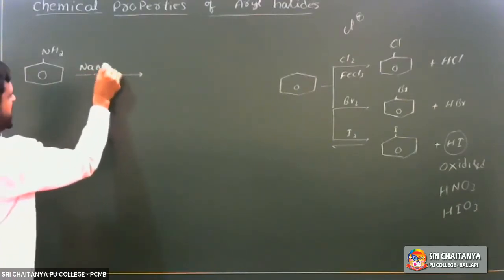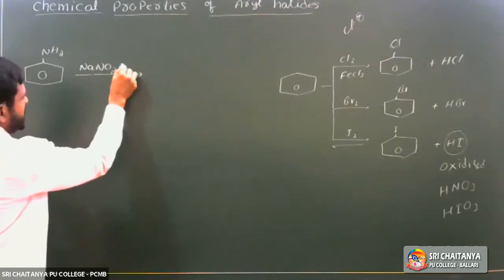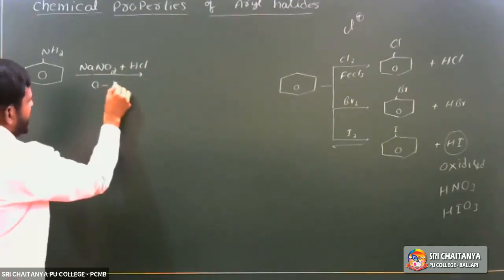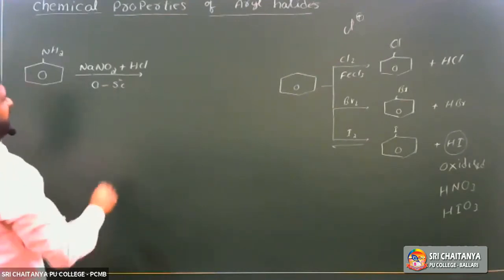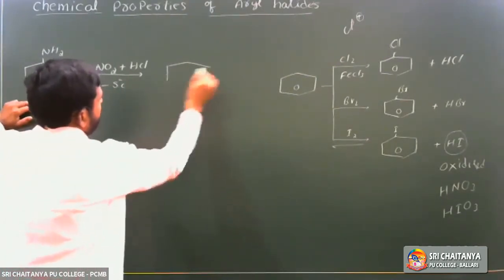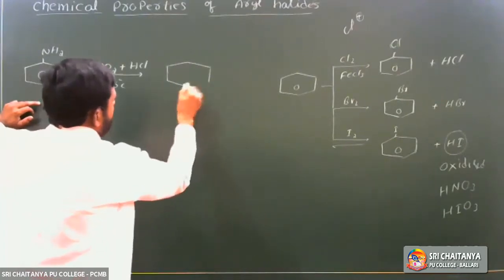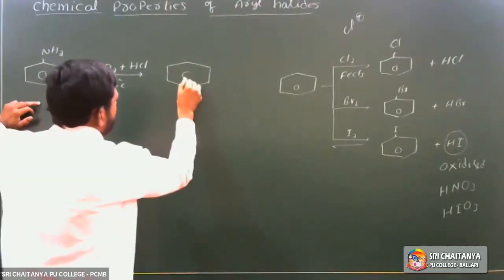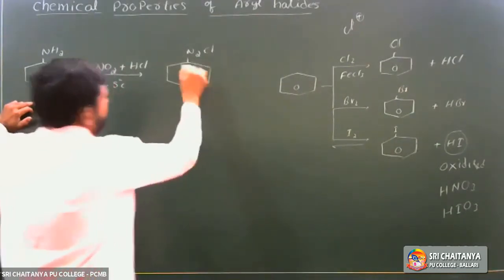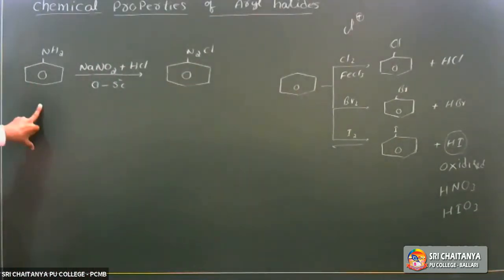Nitrous acid is unstable, hence we use a mixture of NaNO2 and concentrated HCl at 0 to 5 degrees centigrade. So it gives benzene diazonium chloride, C6H5N2Cl.